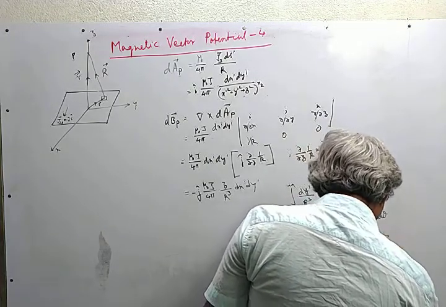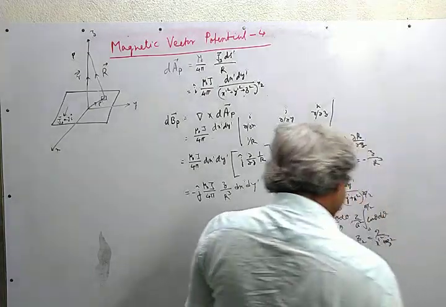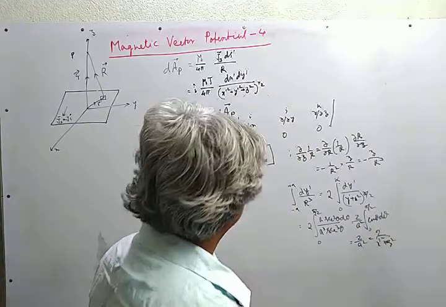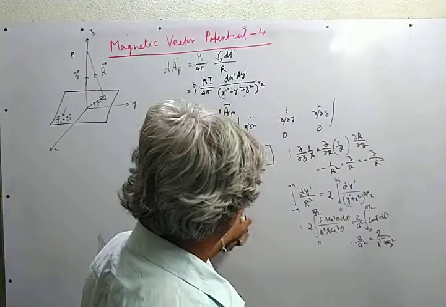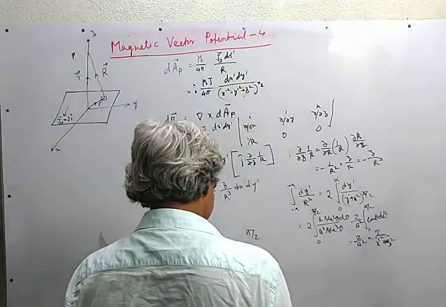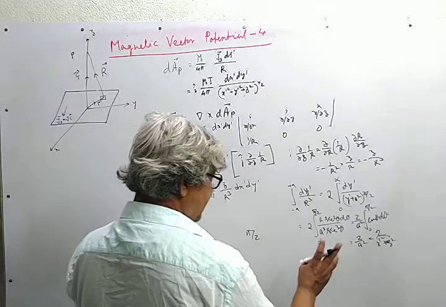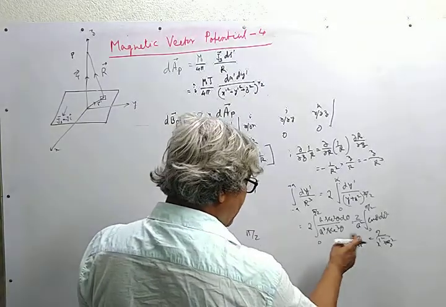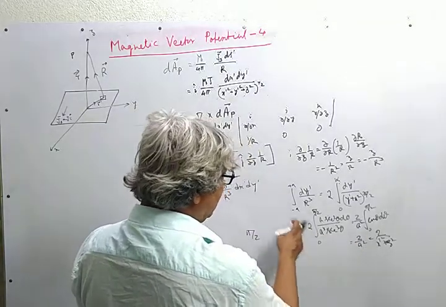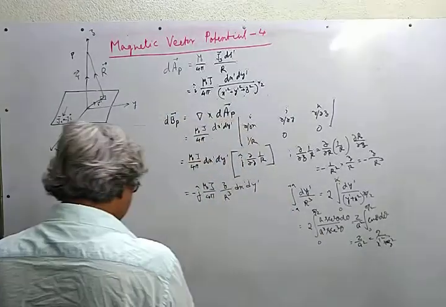This is 2 by (x prime square plus z square), and whenever we perform the integration over x, the result is pi by 2, and there will be a factor of 4, one factor of 2 coming from the y integration and 2 from the x integration.